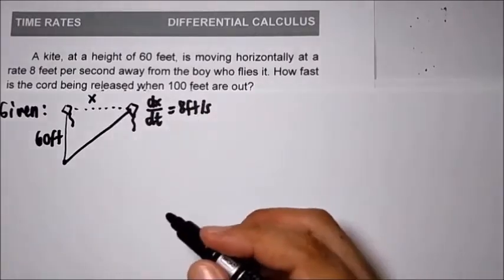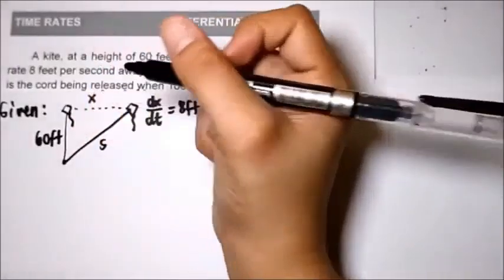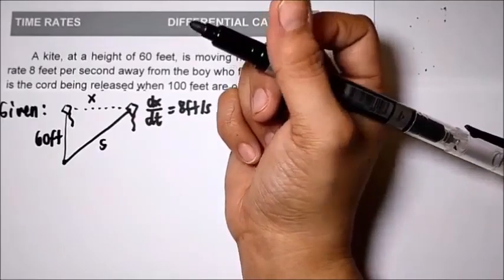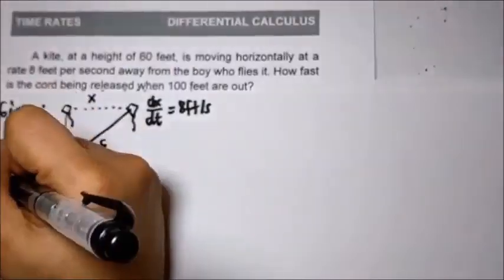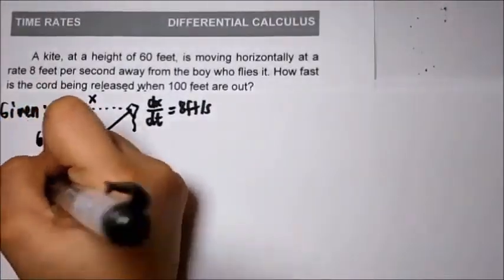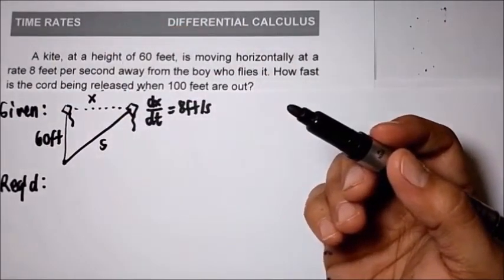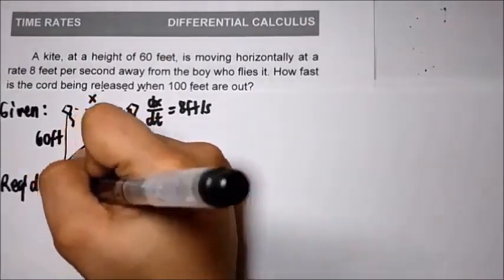How fast is the cord being released when 100 feet are out? Let's designate the length of the cord as s. There is no given rate for the height, so the height is constant. So what would be required now? We need to get the rate of the cord, that would be ds over dt.